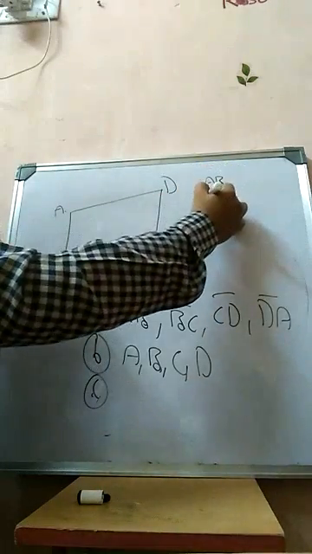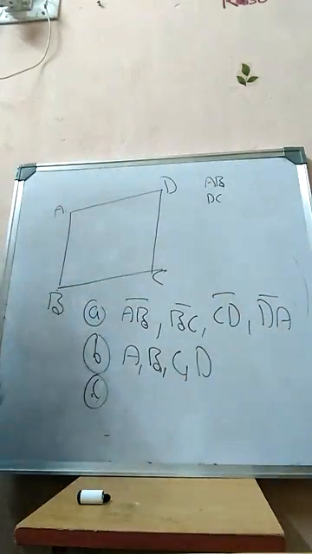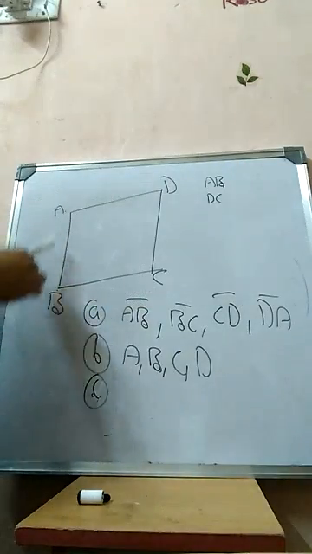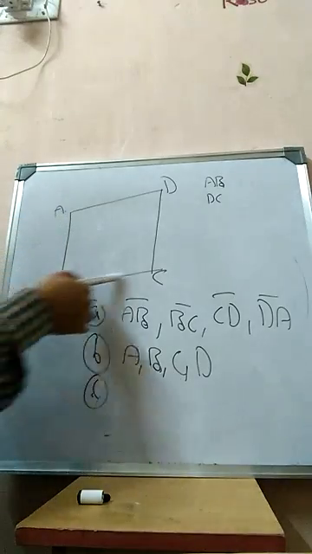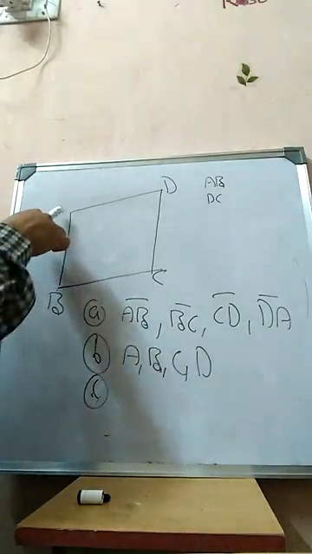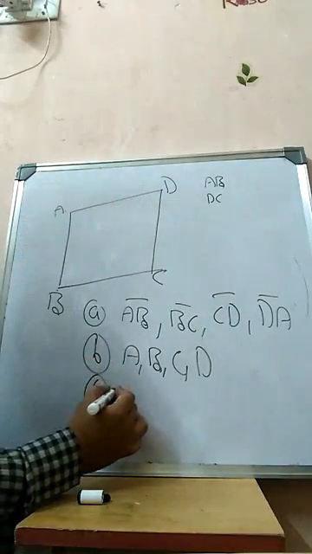Next, the third question asked here: name the sides adjacent to AB and DC. Take AB. Adjacent sides to AB are BC, one side, and AD, one more side.